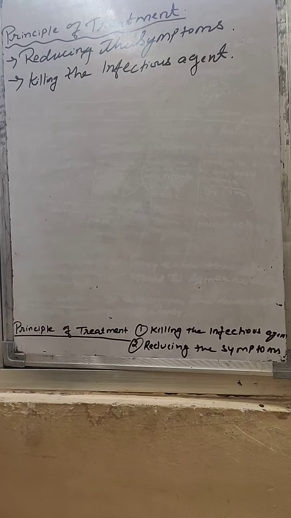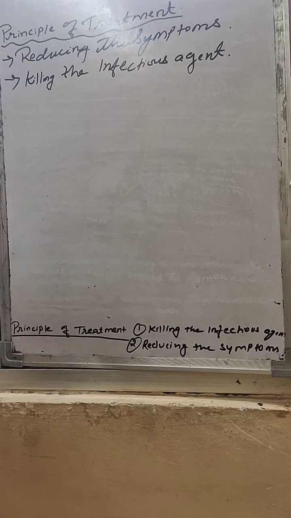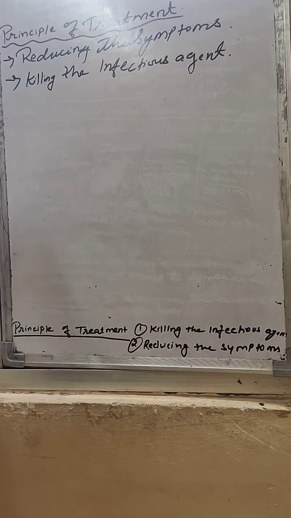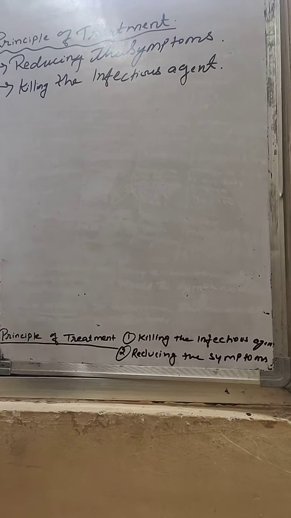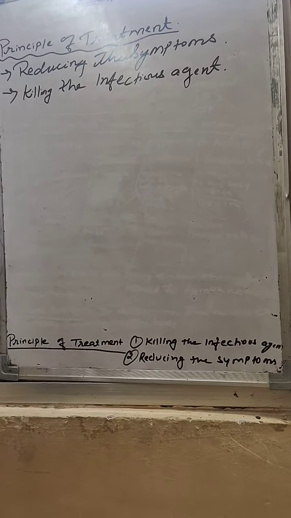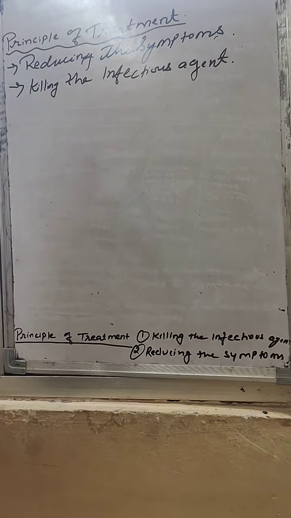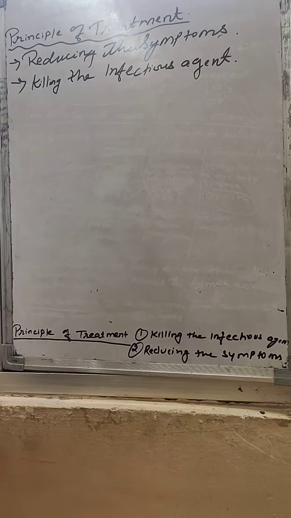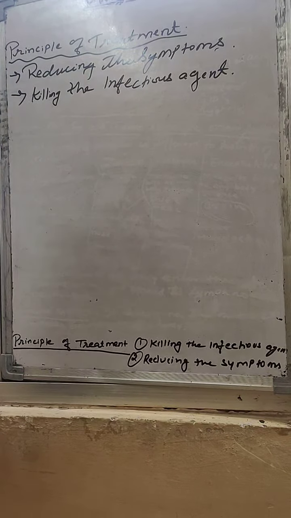Then the doctor will physically examine you, by palpating your organs of the body. Then he will give you some tests, and after the test results come, the physician will say you are suffering from tuberculosis. So reducing the symptoms means you are taking the medicine to reduce the symptoms. You are not going to kill the main cause of the disease.